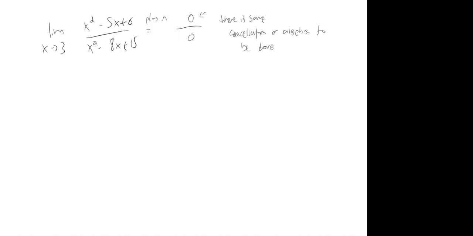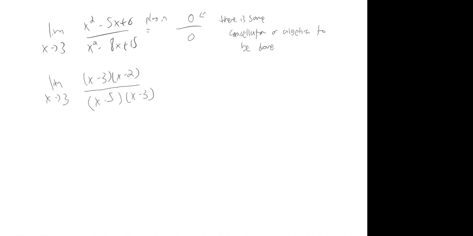So in this case, it's obvious. The first thing you would do is factor. How do I factor x squared minus 5x plus 6? Well, this is x minus 3 times x minus 2. And then the bottom is x minus 5 times x minus 3.